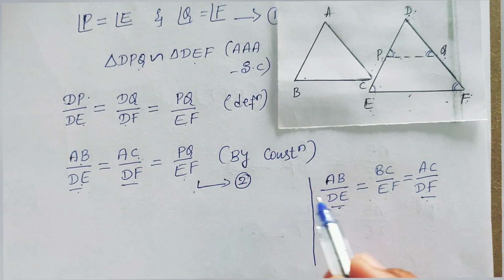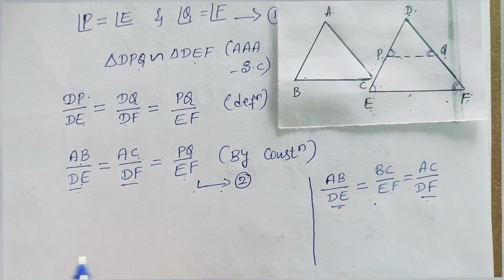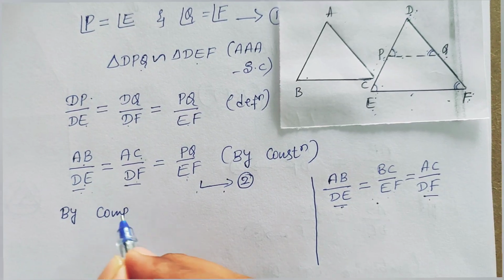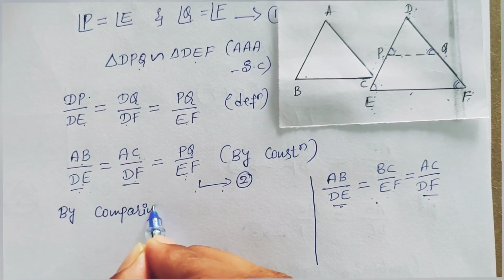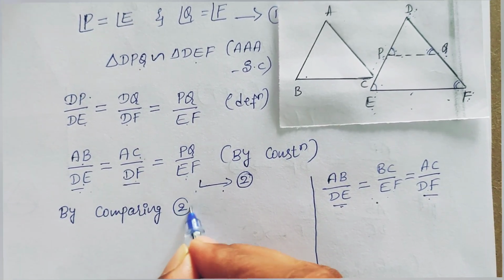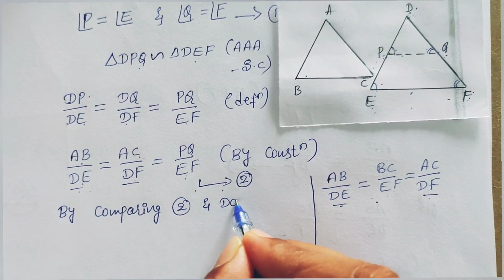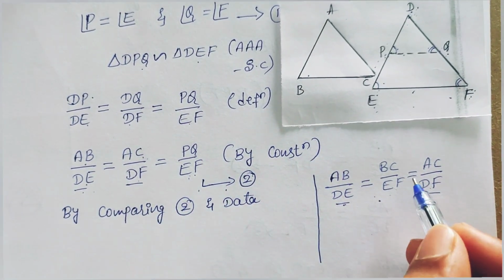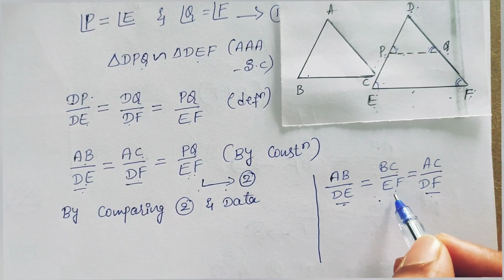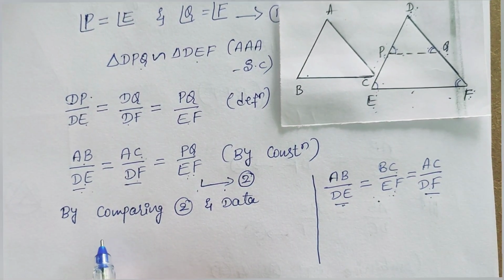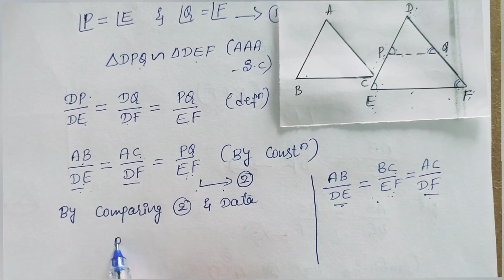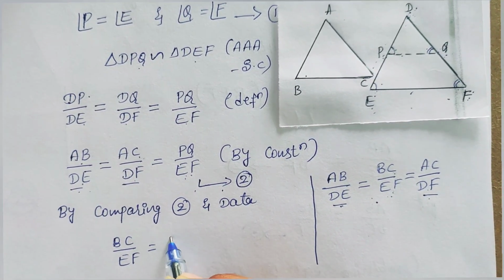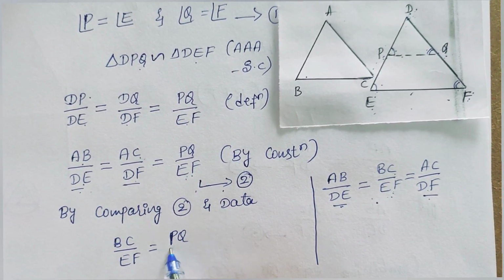So by comparing equation 2 and the data, we can write that PQ by EF is exactly equal to BC by EF, or BC by EF equals PQ by EF.